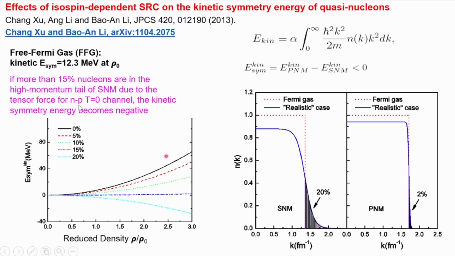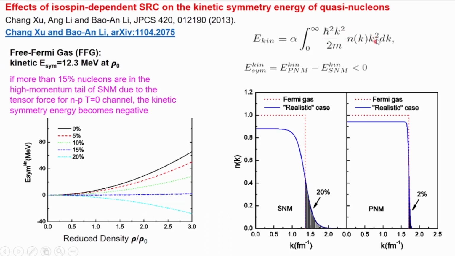Now, Xu Chang has demonstrated this using a simple formula, but this simple formula has very direct physical meaning, because when you calculate the average kinetic energy, you have to weight your kinetic energy with the phase space.